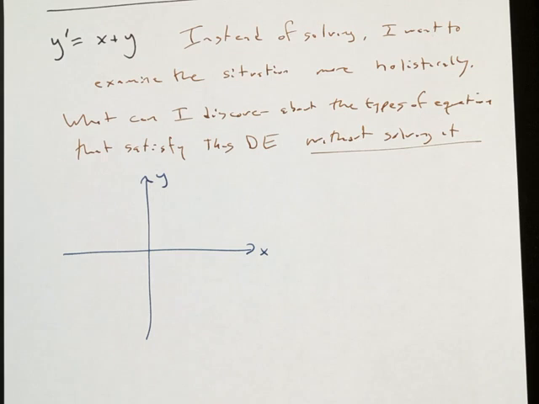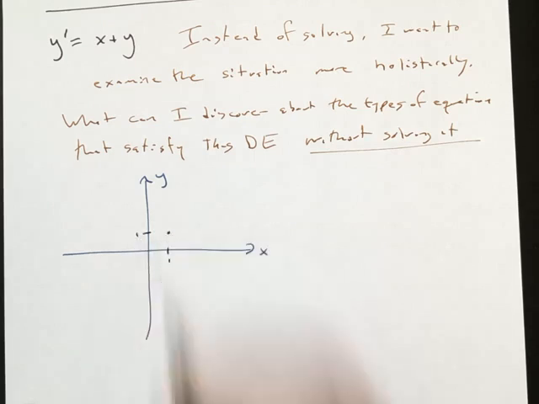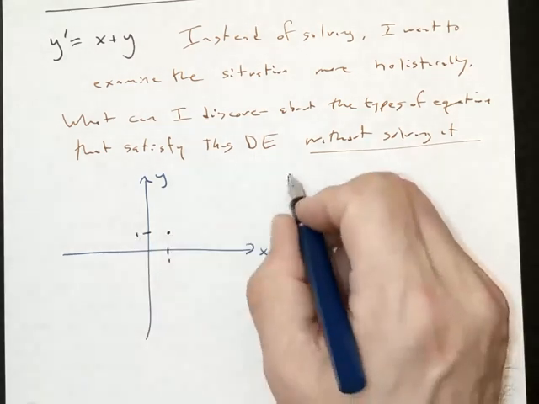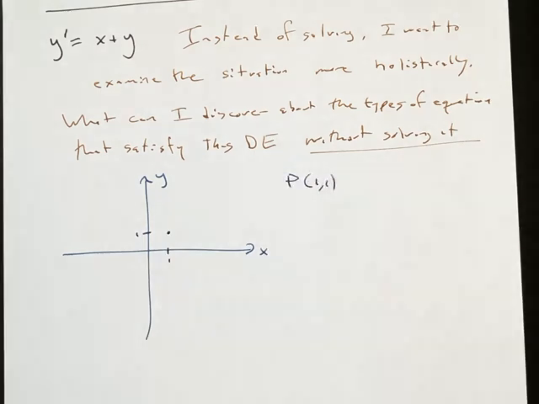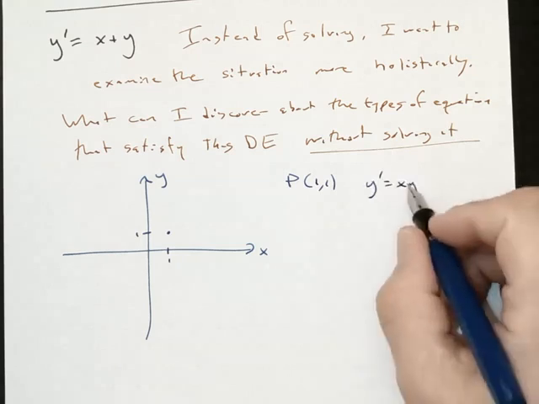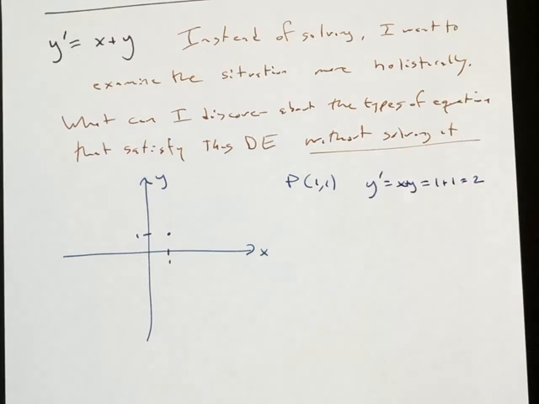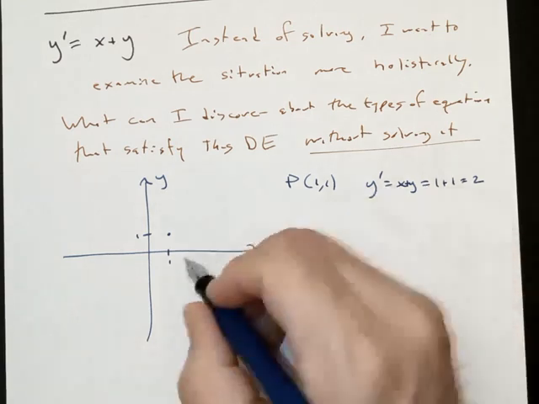So somebody pick a point on the xy plane. 1, 1. At the point 1, 1, well, I know that y prime equals x plus y. That's 1 plus 1, that's 2. So if I were going to draw a straight line here, I would want it to have a slope of 2.